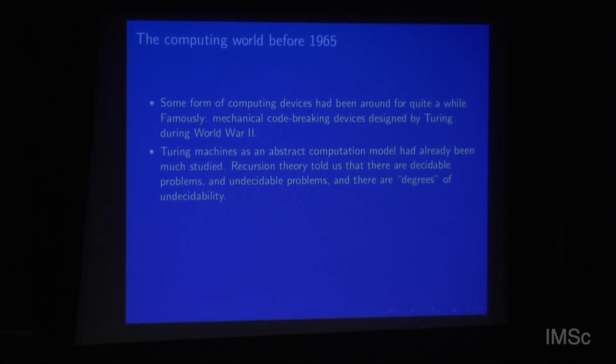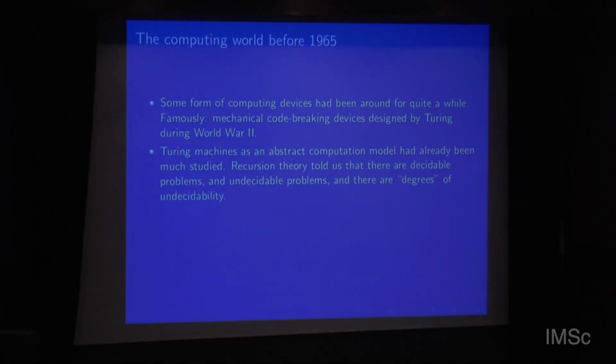Turing machines, as an abstract computation model, had already been around for a while. And recursion theory, which was in the domain of mathematics, already had a lot of work done in the context of Turing machines and computability. So we already knew that there are problems which are not solvable by any Turing machine, and we knew that even for problems which are not decidable, there are degrees of undecidability. So this was the state before 1965.